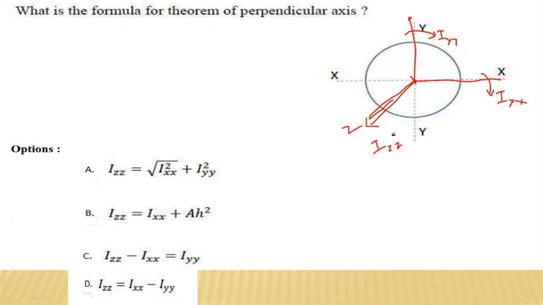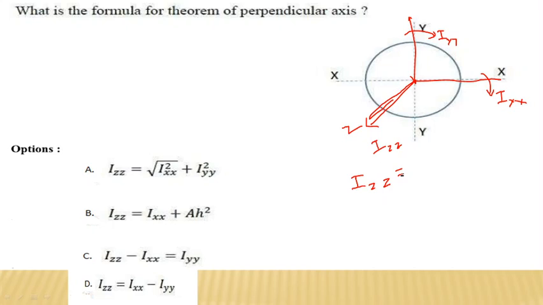The moment of inertia about the z-axis is equal to the sum of the moments of inertia of the other two mutually perpendicular axes. That is, the moment of inertia about the axis perpendicular to the plane figure is the sum of the moments of inertia of the other two perpendicular axes.